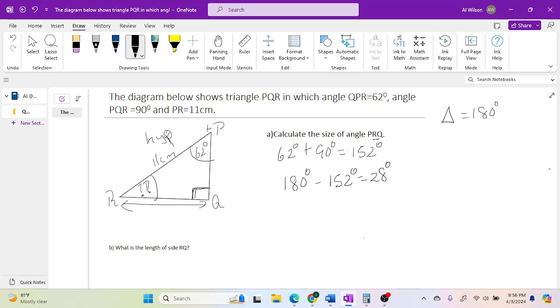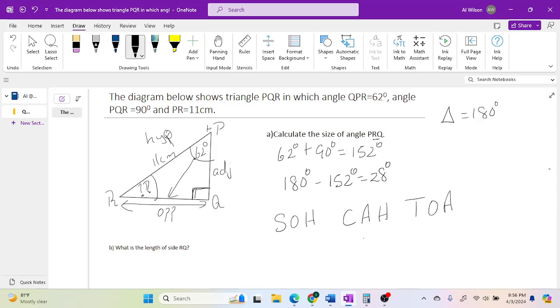Now, the opposite is always opposite the angle. So this is the angle that we have. If we draw a line coming all the way down, this is the opposite, making this side here the adjacent.